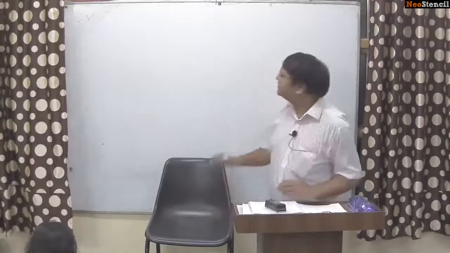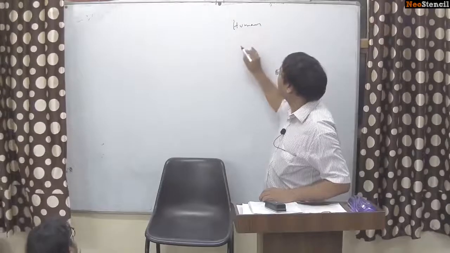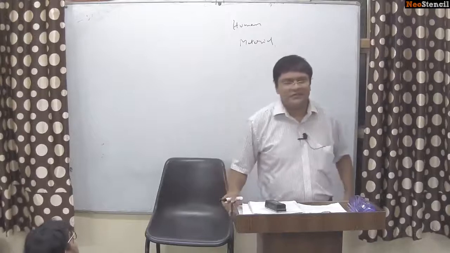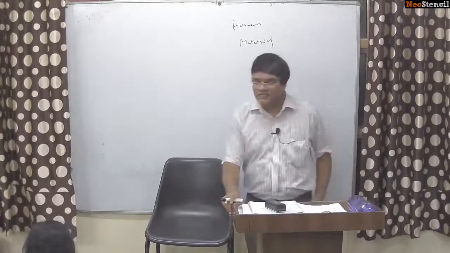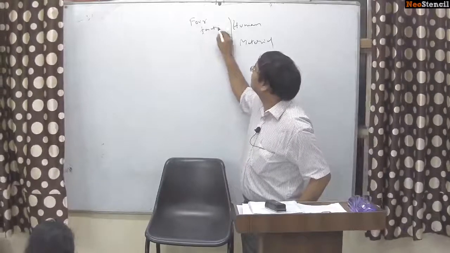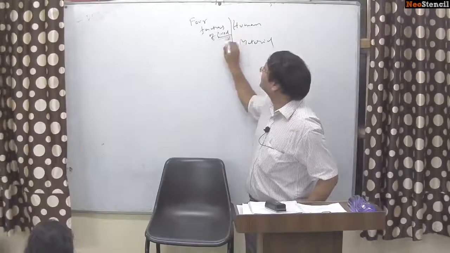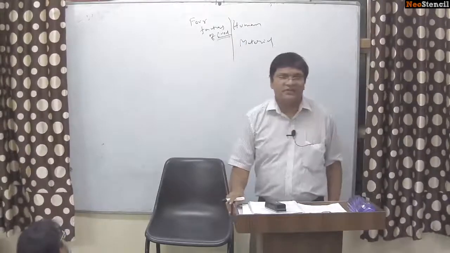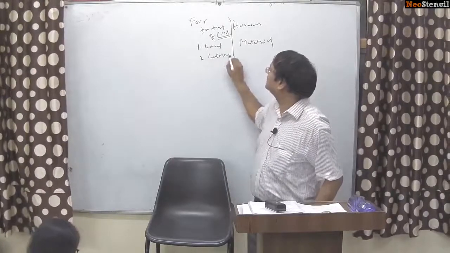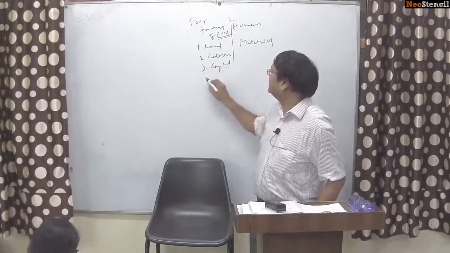Next, Pfiffner's definition. He said that administration is organization and direction of human and material resources to achieve desired ends. What are the human resources and what are the material resources? In economics, we talk about four factors of production needed to produce goods: land, labor, capital, and entrepreneur.